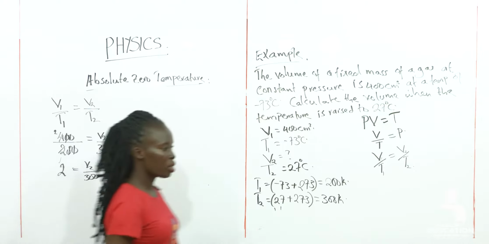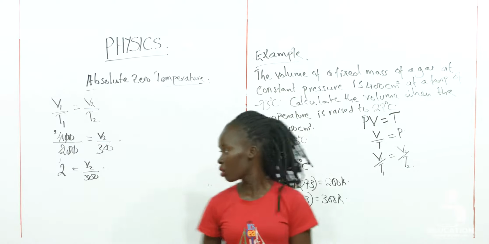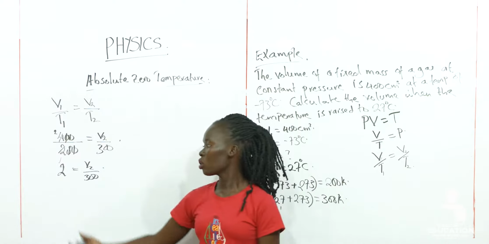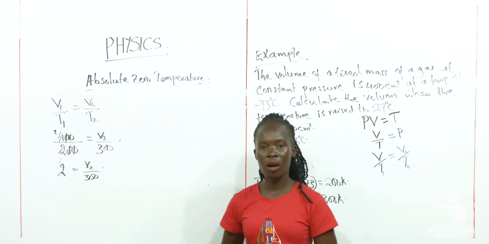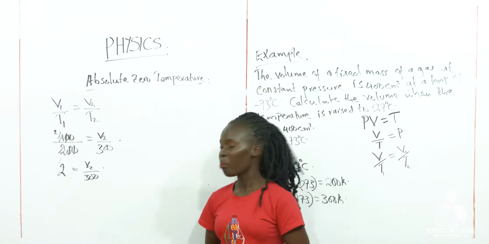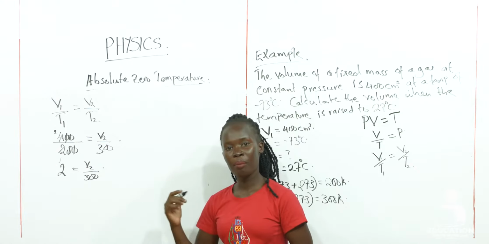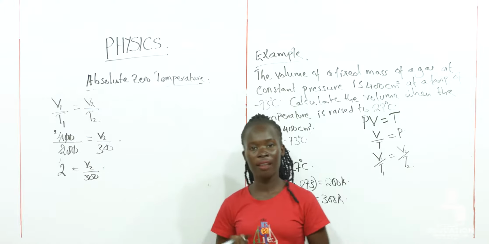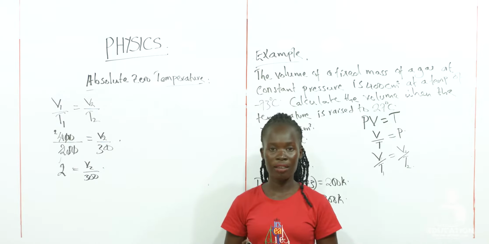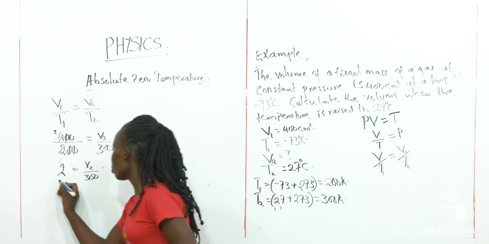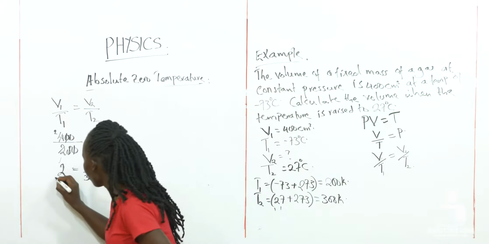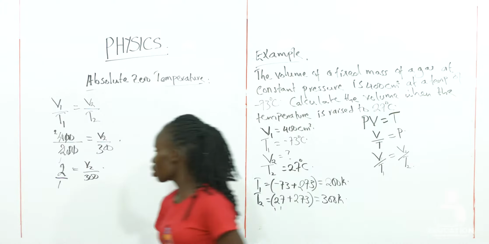So what do we do there? We change our 2 into a fraction. How can we change it into a fraction? By dividing it by 1, because if you divide any number by 1, it is more or less like the whole number. It does not change anything. So we shall divide here by 1 in order to cross multiply.